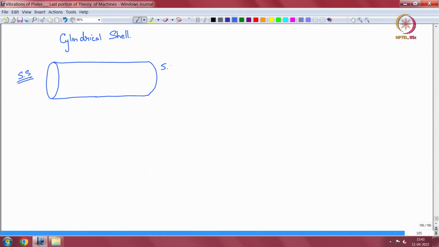I will discuss what this simple support is for the cylindrical shell. But before that, let us say there is a differential element cut out from the shell. So how does it look? It looks like this.